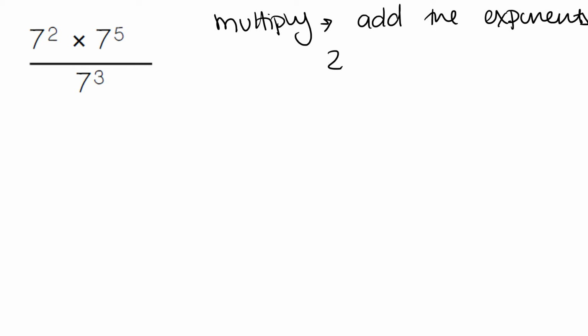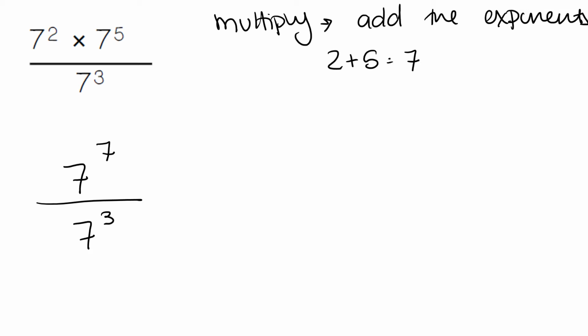So we're going to add the 2 and the 5 to get 7. So once you've simplified something, we rewrite the entire problem. So the top part is now 7 to the 7th power, because we've added those. And we're going to keep the 7 to the 3rd on the bottom because we haven't used that piece of it yet.